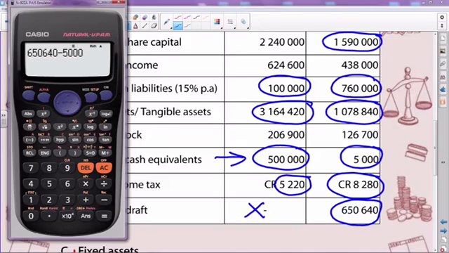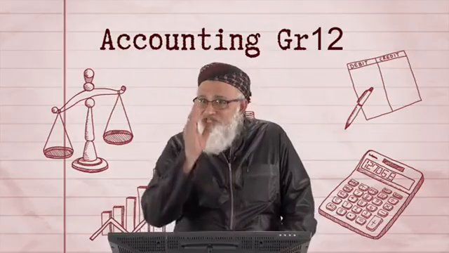Once again, is that possible? Certainly it is. This 5,000 could have been your cash float or your petty cash. And therefore, your net overdraft would be equal to 645,640, and that's the figure that you use in your cash flow statement. So please check it out.